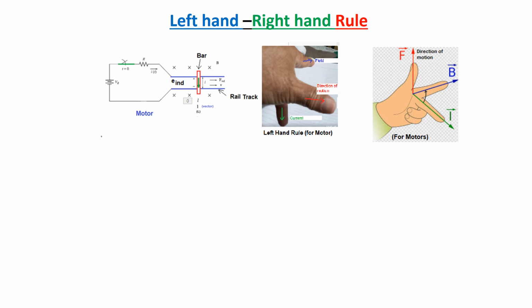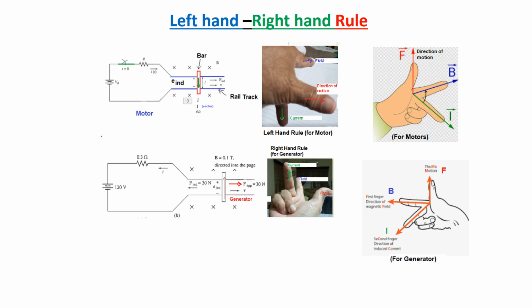This is representing the field, and the middle finger is representing the current. So the current is going down, and therefore the force will be on the right hand side shown by the thumb. So in case of a motor we use the left hand rule to find the direction of movement.